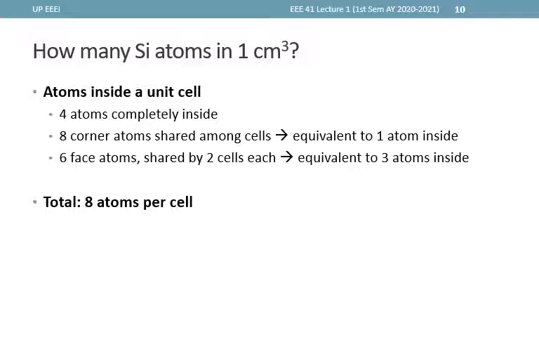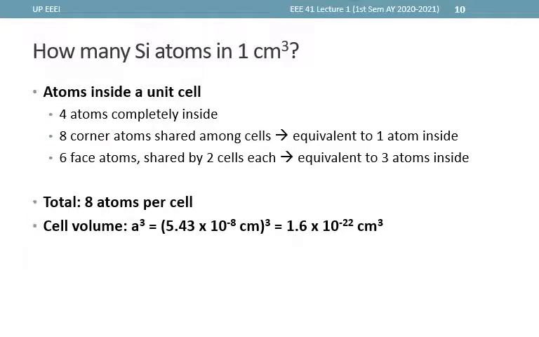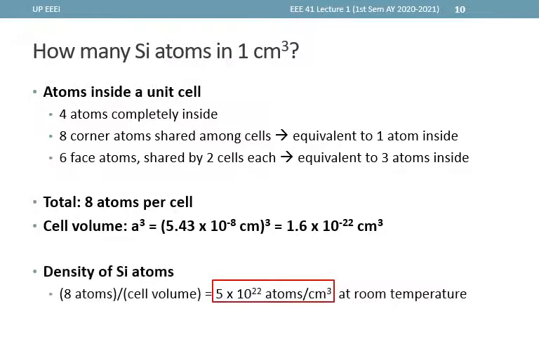And so we proceed by first computing the volume of the unit cell. Since it is cubic, the volume is a cubed, and we get 1.6 times 10 to the minus 22 cubic centimeter. The number of silicon atoms per cubic centimeter would then be 8 over a cubed, or 8 over the volume of the cell, which gives us 5 times 10 to the 22 atoms per cubic centimeter at room temperature.